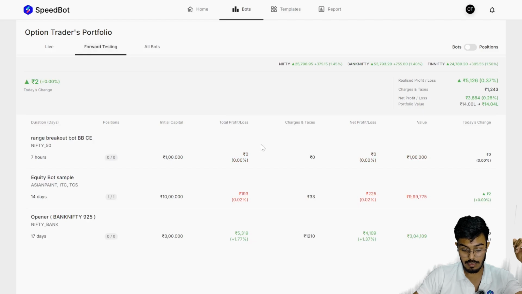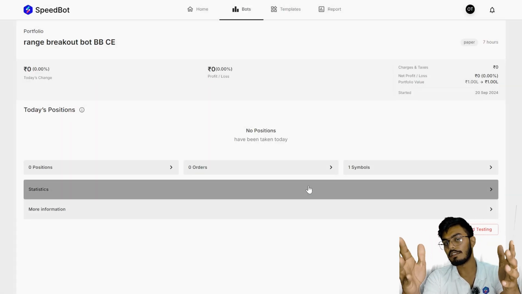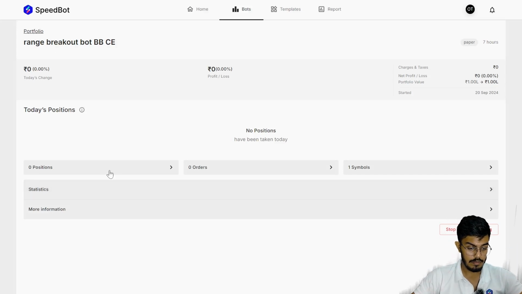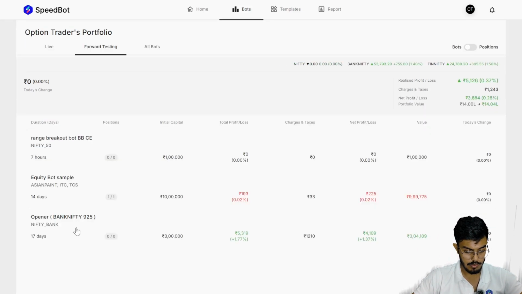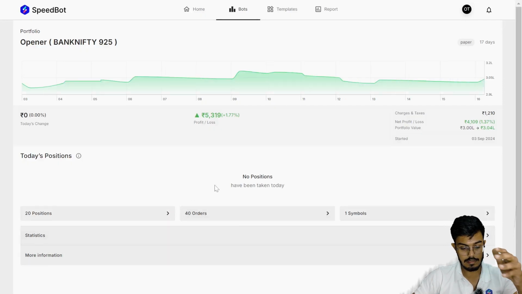Whenever the entry conditions and the exit conditions are satisfied, the positions will be seen over here. So let me just show you a sample like this. So these are the positions that the bot has taken for forward testing, right?